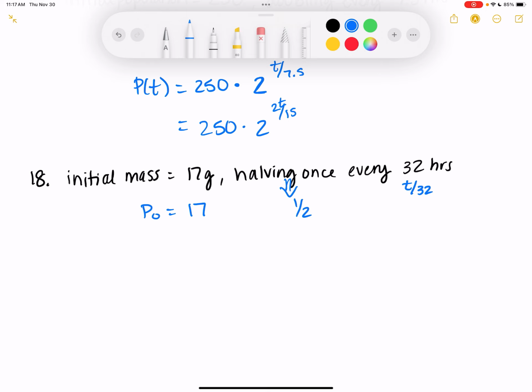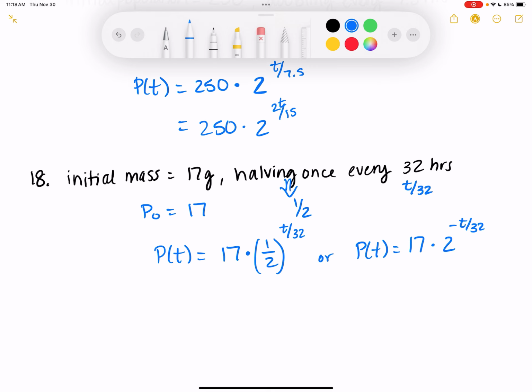So P of t is equal to 17 times 1/2 raised to the t over 32, or P of t is equal to 17 times 2 raised to the negative t over 32.